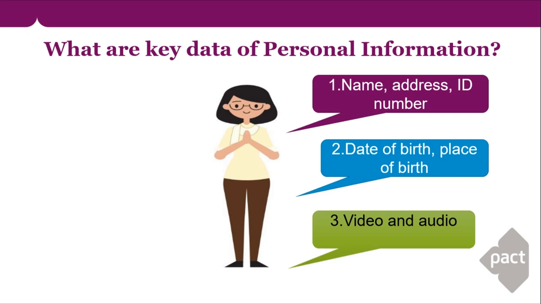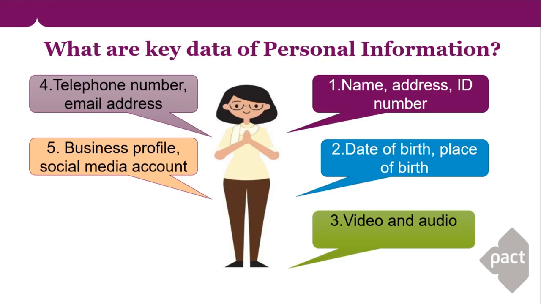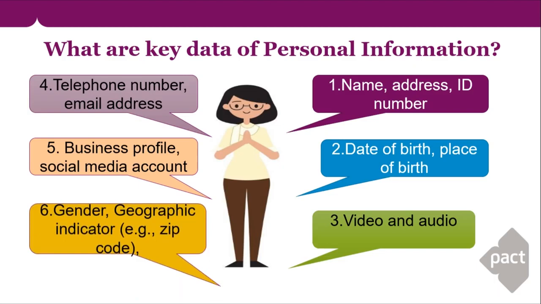Besides that, the video and audio we collect from the individual beneficiary can also be considered personal information. And also their telephone number, email address, business profile, or social media account, and also gender and geographic indicators such as zip code.